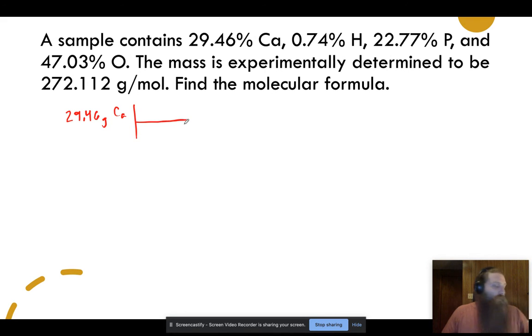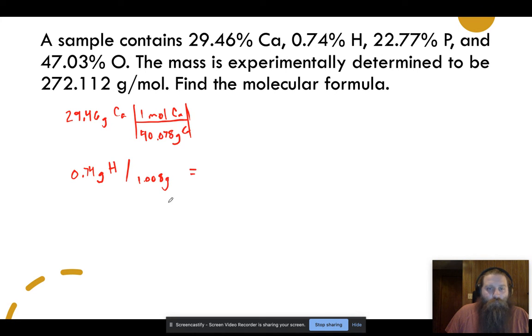We know that we need to convert grams to moles, so calcium is 40.078 grams per mole. All right, we've got 0.74 grams of hydrogen, which we're going to divide by the molar mass of hydrogen.